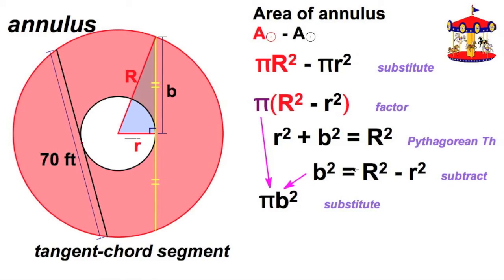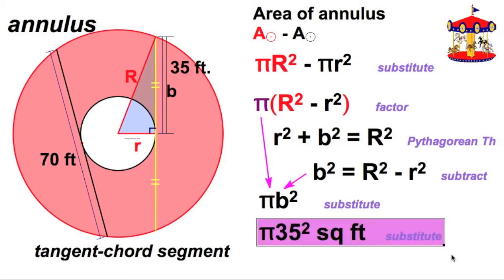Since R squared minus r squared is b squared, the whole equation simplifies to pi b squared. And since we did know that this measurement of b is half of 70, going back to the bisect theorem, that's going to give us 35.